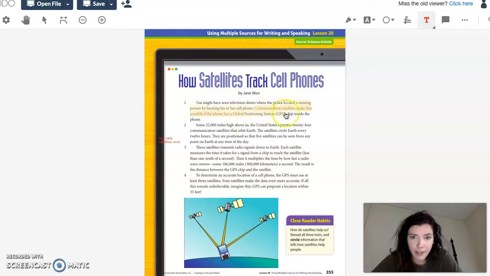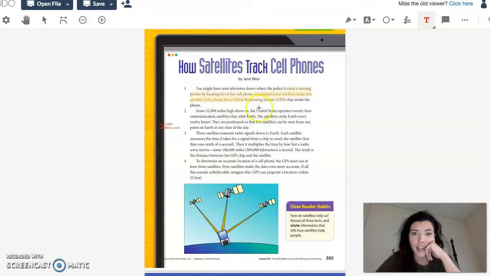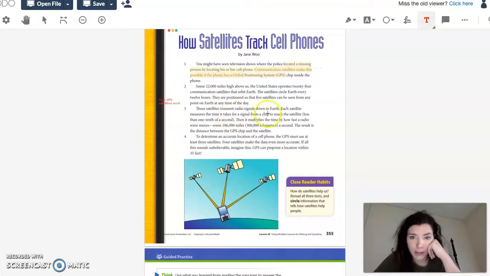I already see right here that if you have lost your phone, a GPS signal can be used with a communication satellite to help locate it. So let's see which quote we want to use. Oh, here's that. We were looking for this earlier.